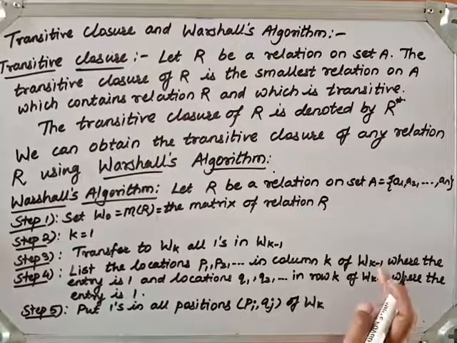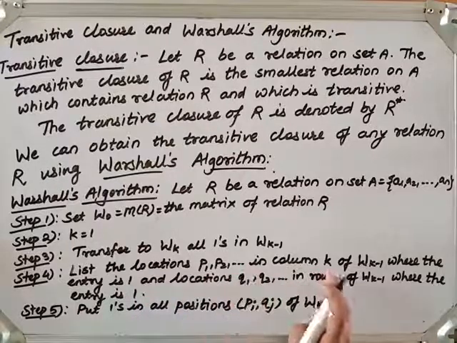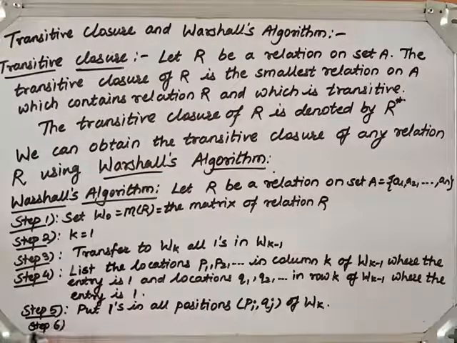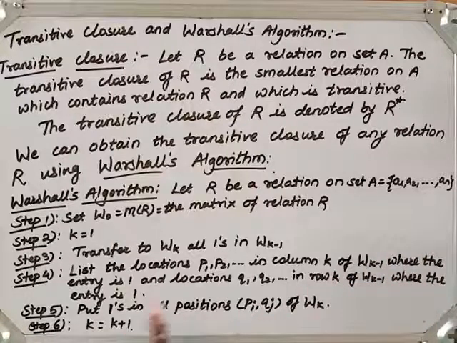From WK minus 1 we check at which locations the entry 1 is there in the kth column, make pairs of them, and put 1 in WK at those positions. Now step 6: K is equal to K plus 1. From W0 we obtain W1, from W1 we obtain W2. We are repeating these things again and again.